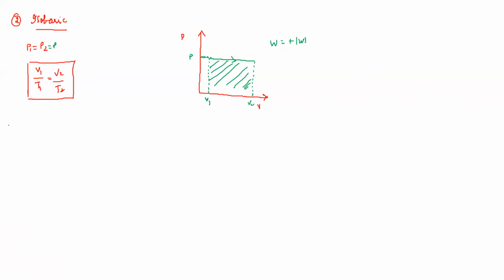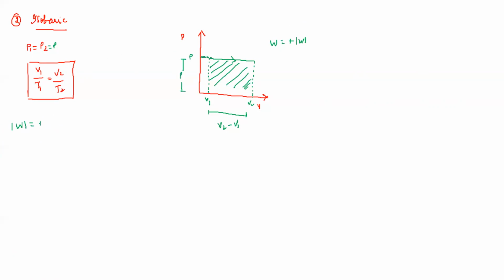So for work done, instead of just giving you the formula, I'll give you the magnitude. The magnitude of work done is going to be the area of this rectangle. This side is basically V2 minus V1, and this is the pressure P, right?